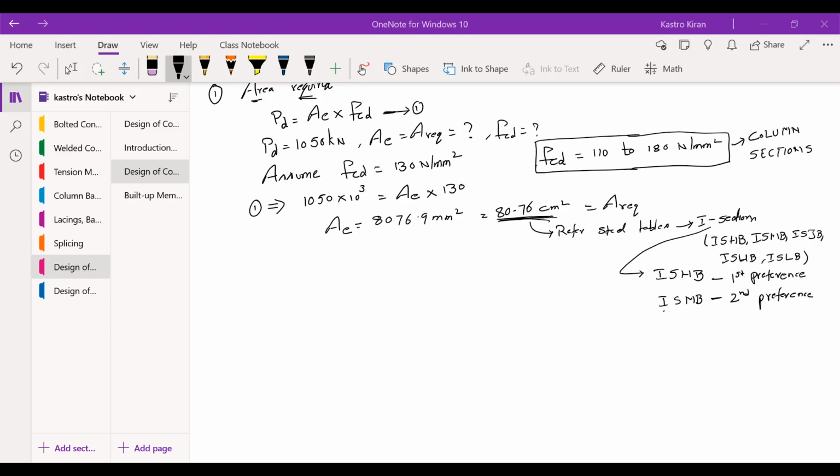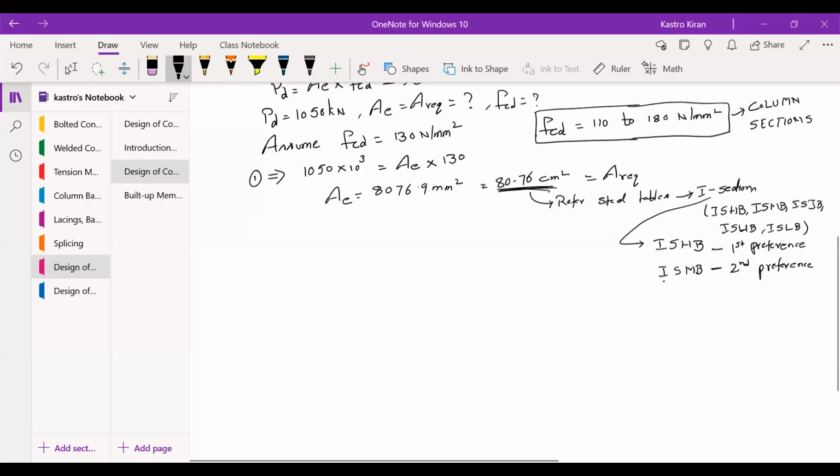Let's quickly write that. Therefore, the section which we have selected is ISHB 350, at the rate 67.4 kilograms per meter. 67.4 represents the weight of the section. What is the area of this section?